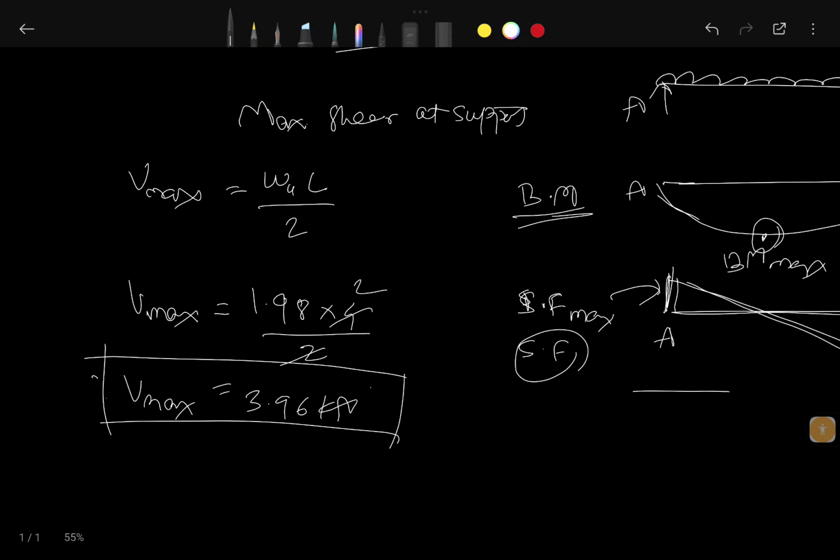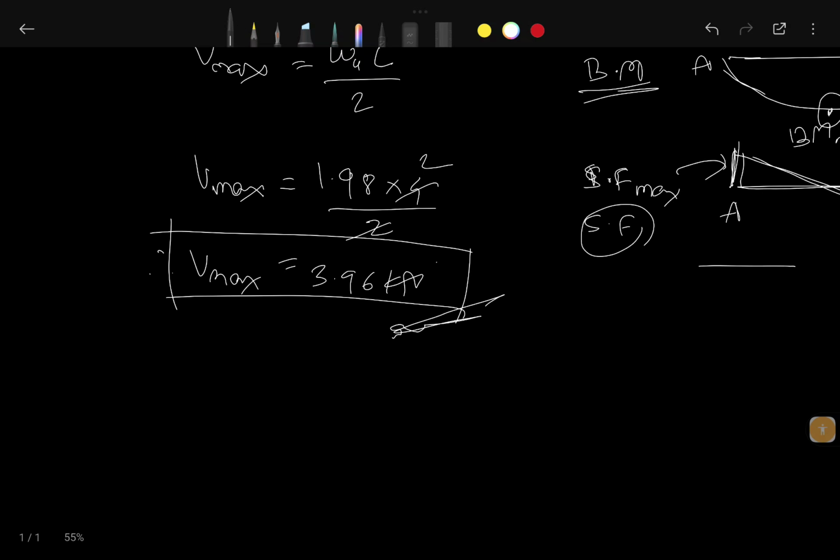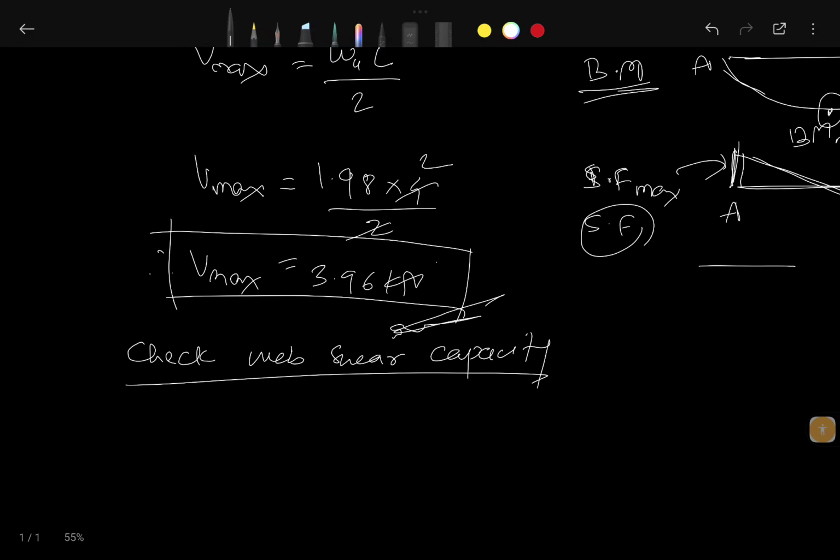This is the maximum shear force. The shear capacity of a typical purlin cross section is usually adequate, but check web shear capacity with the design shear formula. Check web shear capacity according to IS 801 or IS 800.